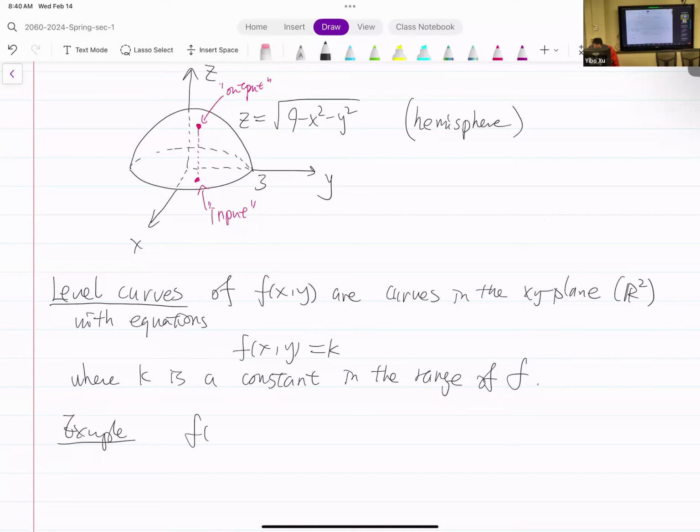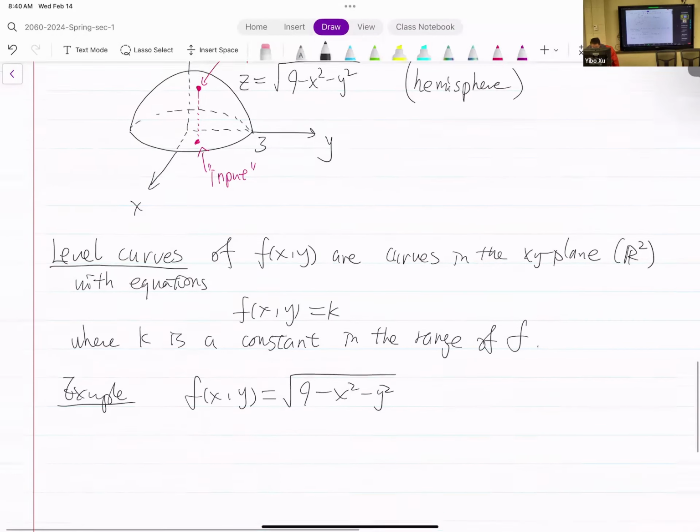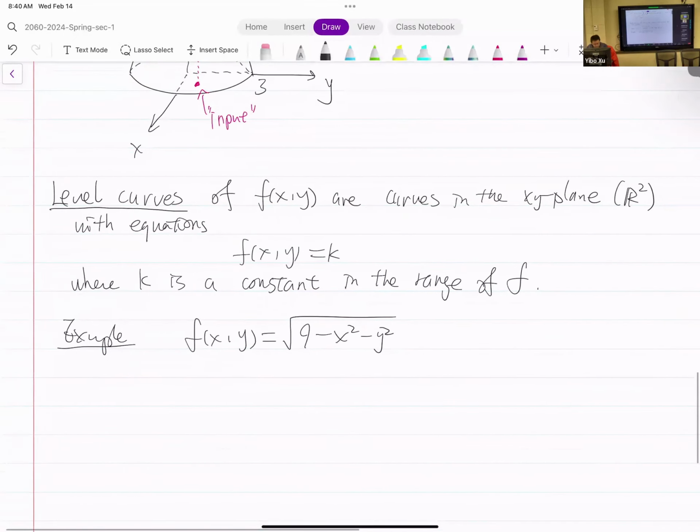Okay. Example. Let's look at this radical again. Okay, so we know the graph is going to be a hemisphere, right? So what happens if we choose different levels as level curves? The level curve with k being, let's say, 2 is the following. So we're just saying, okay, the output has to be 2 for this function.